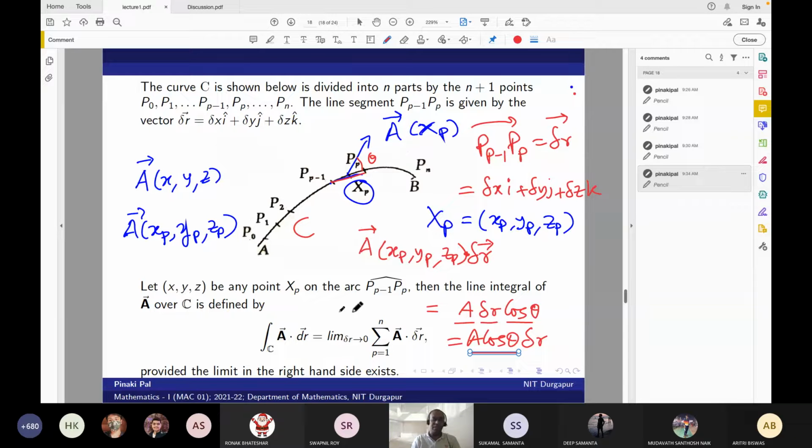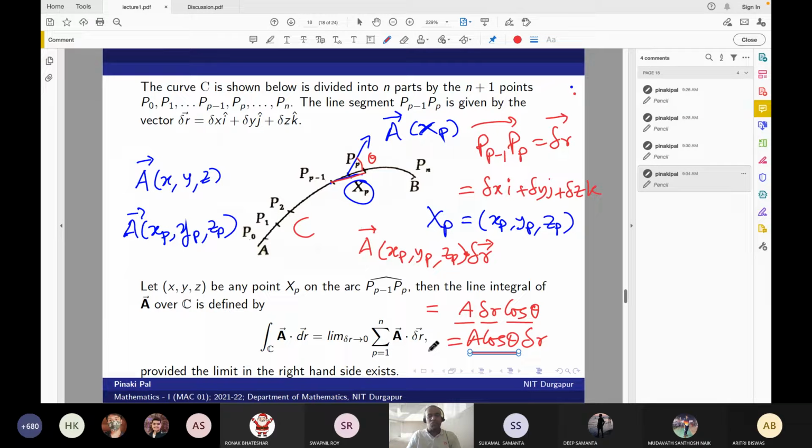But the mathematical definition is this. This is just the generalization of the definite integration for a function of a single variable in 1D.